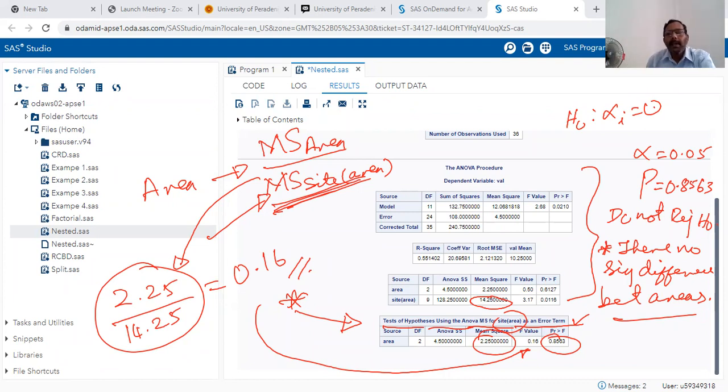Proc sort by area, then proc ANOVA by area, then class and so on. Then you can simply take the model. The model is simply value equal site. Within area you can remove, because already we are running ANOVA for each area separately.